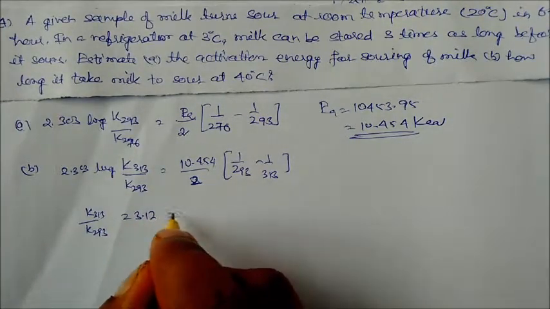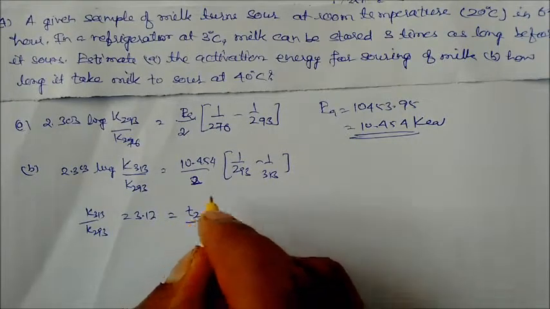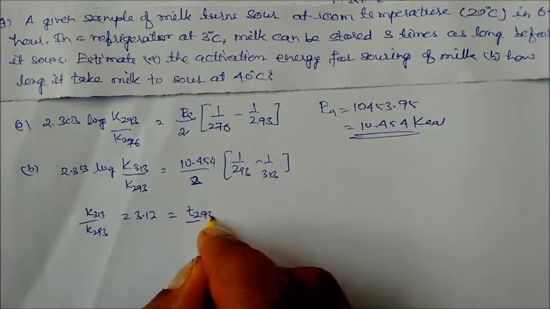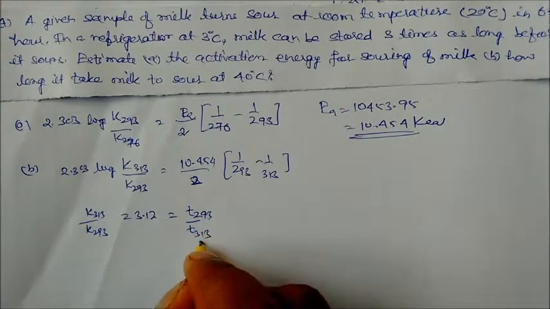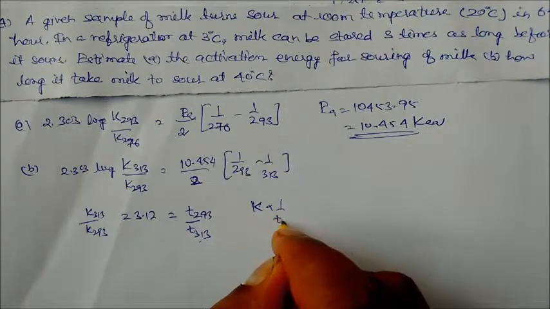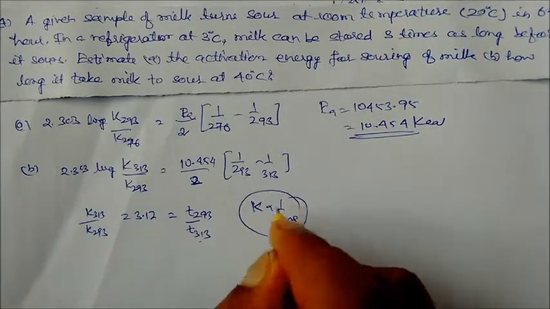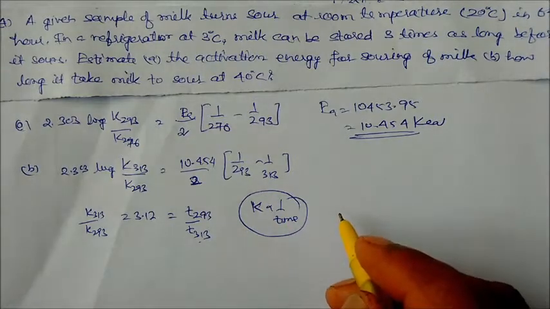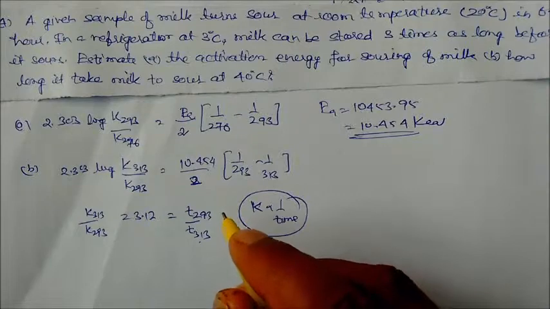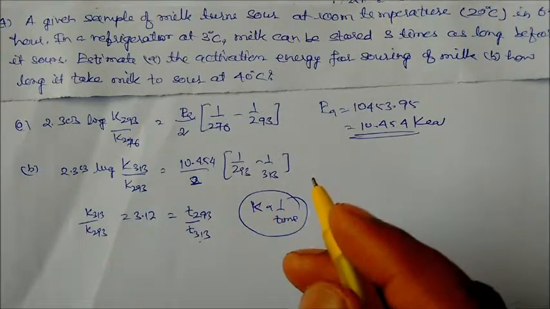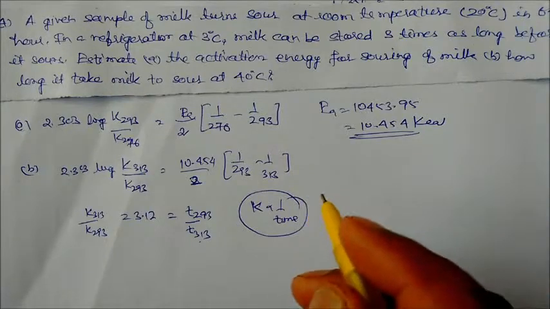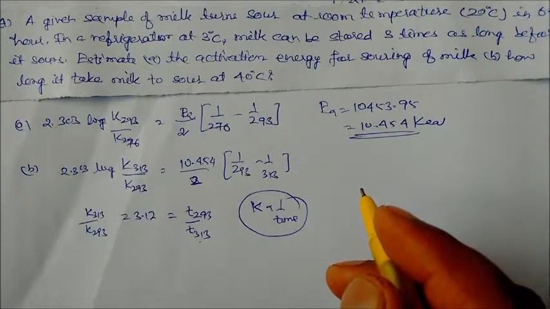This is nothing but the time taken by the second case, that is 293 by the time taken at 313 Kelvin. Why? Because the rate constant is inversely proportional to time, and we know from the half-life that the time is inversely proportional to K. So if milk is not soured up to 64 hours at 20 degree centigrade, it will not sour up to 192 hours at 3 degree centigrade.